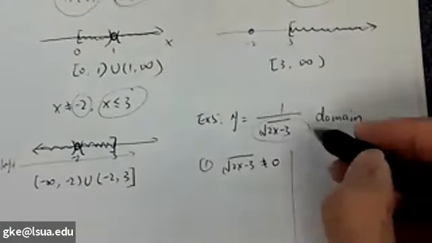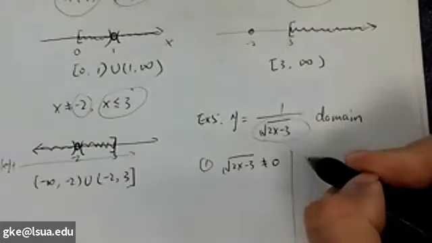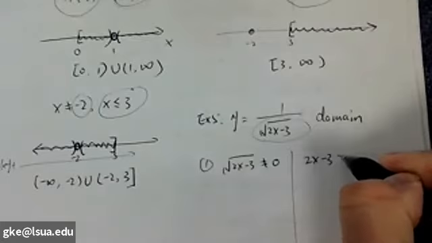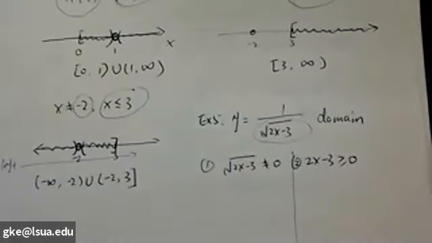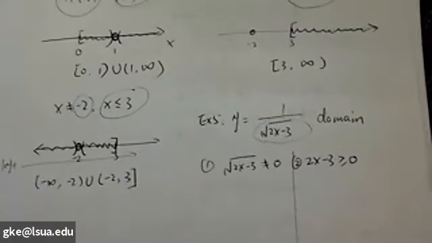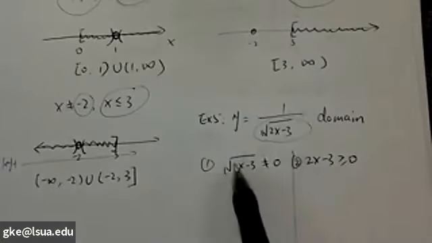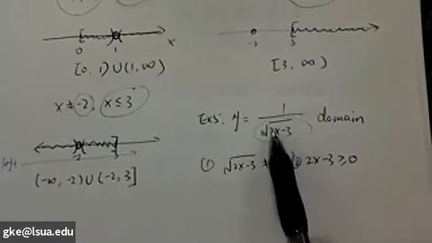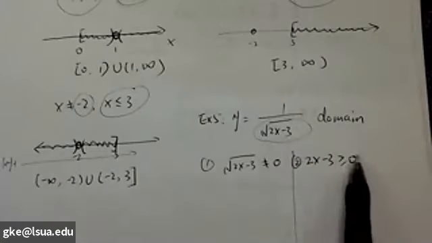We still have a square root, right? That means everything inside of a square root should be greater than or equal to 0. So basically we have a combination for this guy. The denominator can never be 0. That's the first case. The second case, everything inside the square root is gonna be greater than or equal to 0.